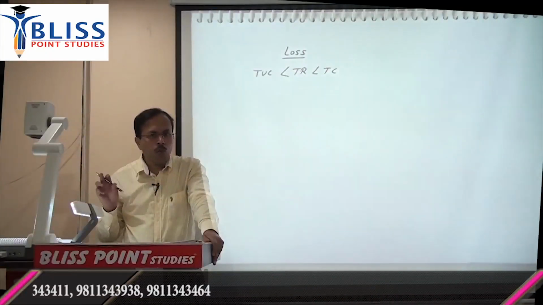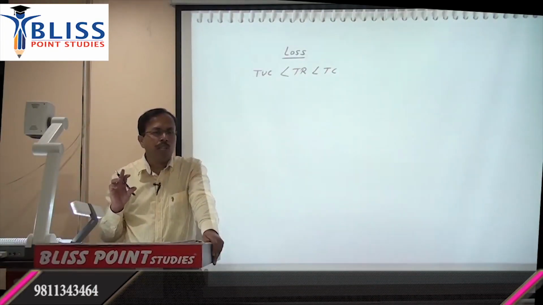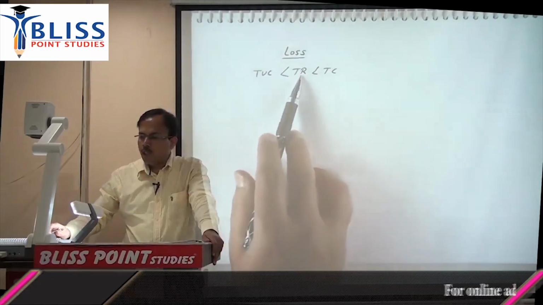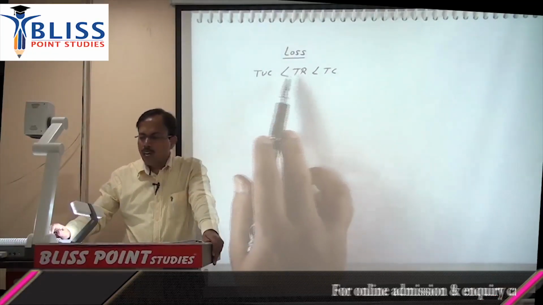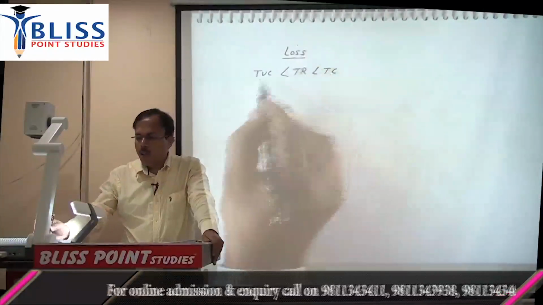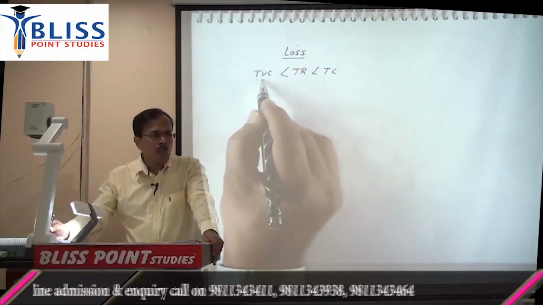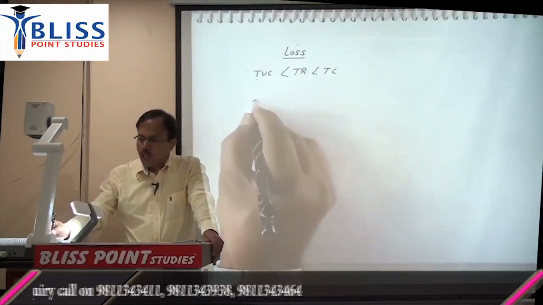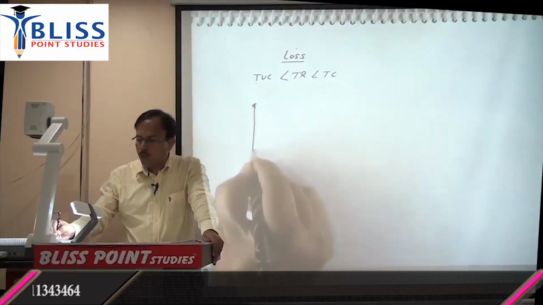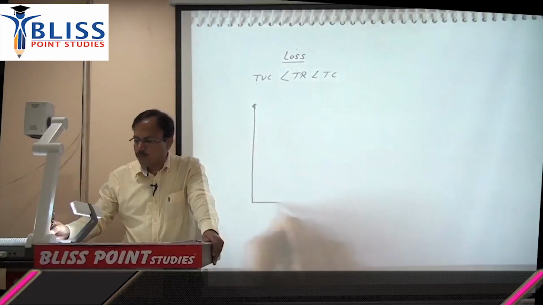So for loss you have to be specific, because in loss there is a possibility that firm may shut down. So TR should be less than TC, and TR must be greater than TVC. So whenever there will be loss, you have to use that concept of total variable cost also. So if you apply that concept graphically you have to explain loss.